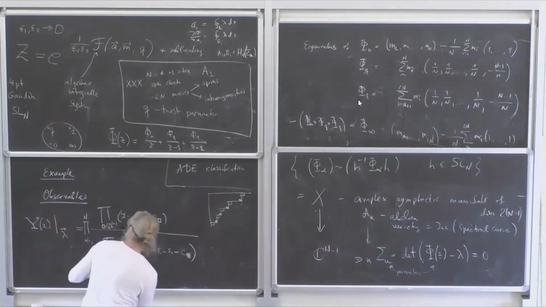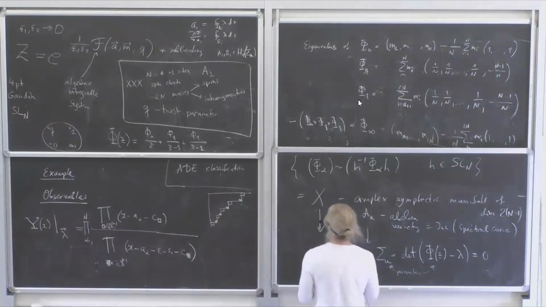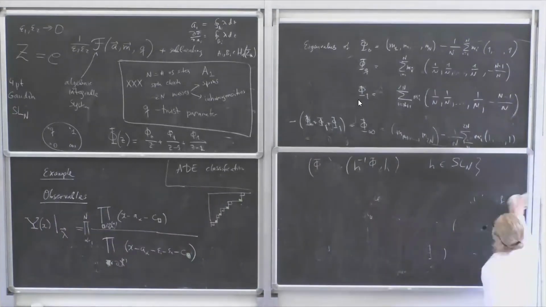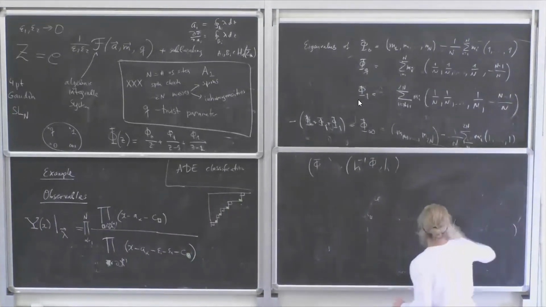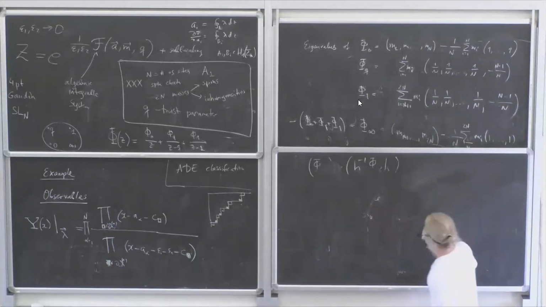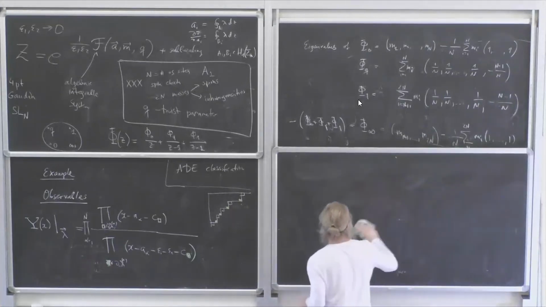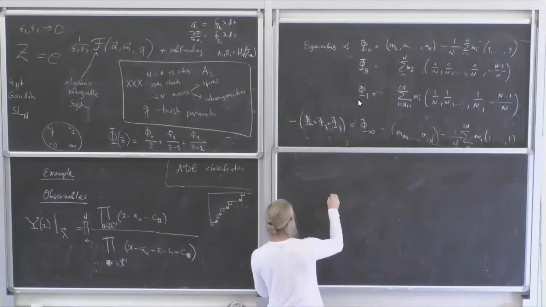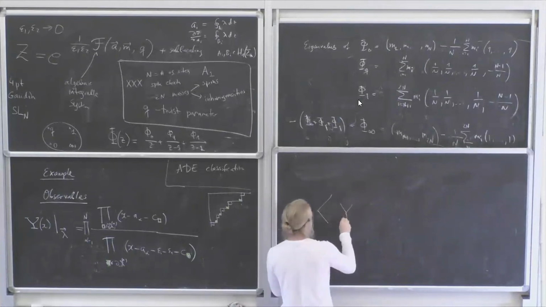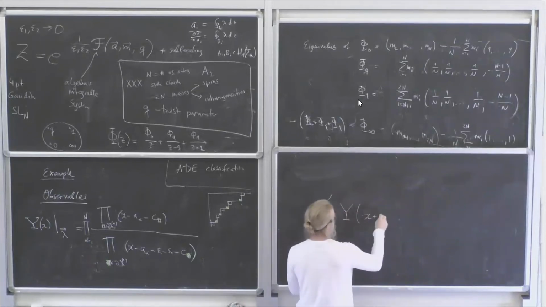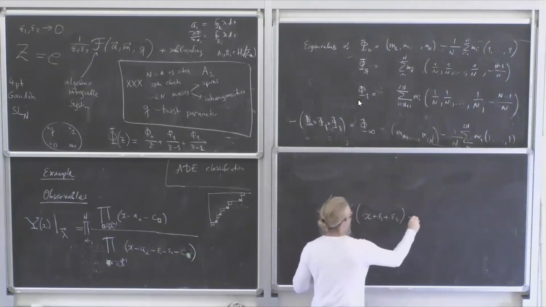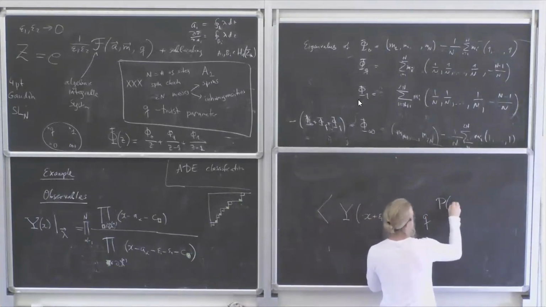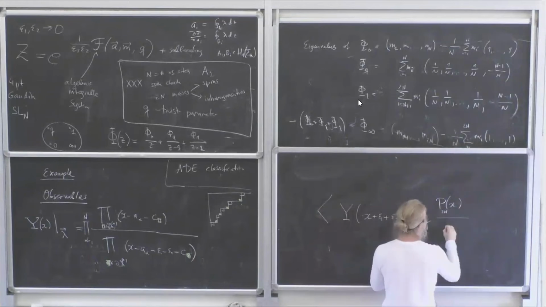Okay, so this is the guy which has poles and zeros, and it has an interesting relation to the measure I defined, and that relation can be summarized succinctly in the statement that the expectation value of y of x plus epsilon 1 plus epsilon 2, plus q times y of x, is a fixed polynomial of degree 2n.